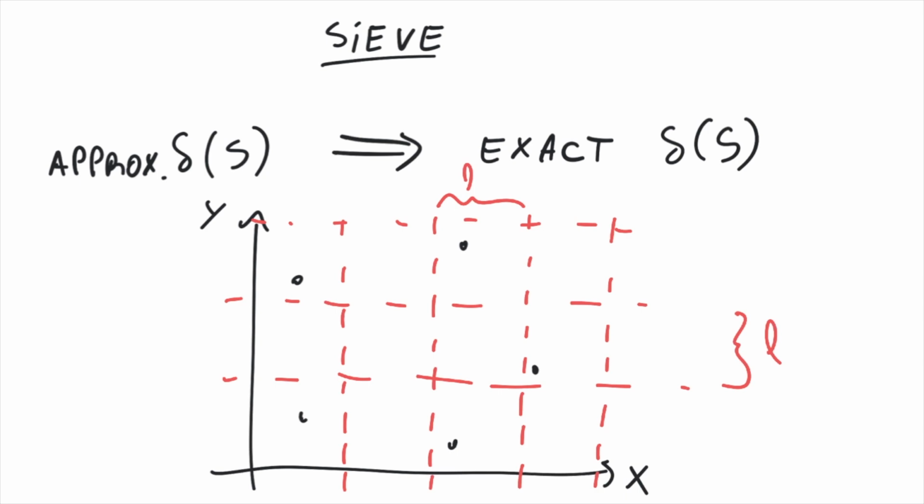The whole idea of this algorithm is that some boxes will contain many points, and points that are closer together will tend to be in similar boxes.